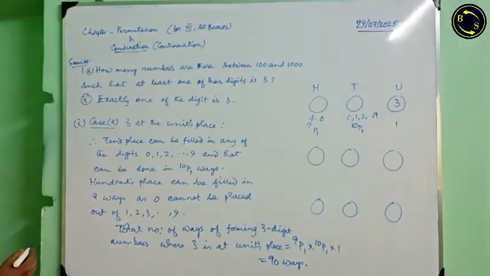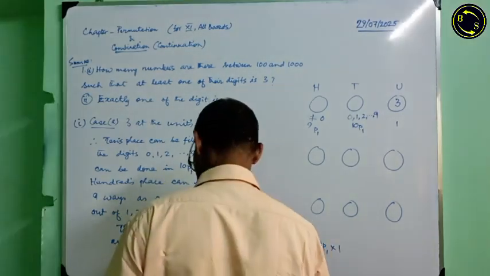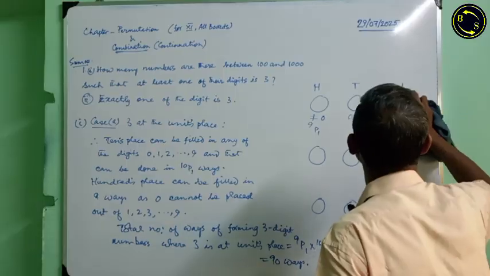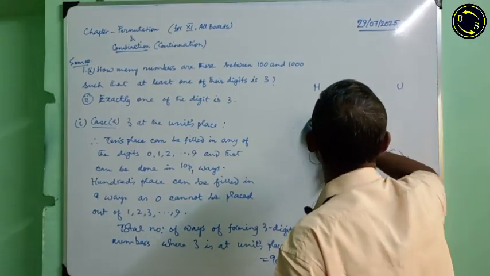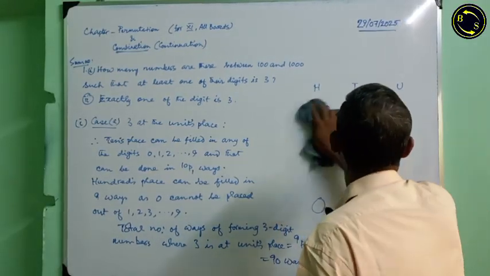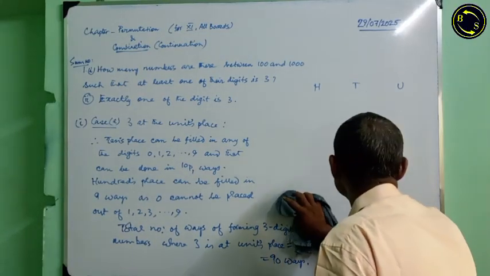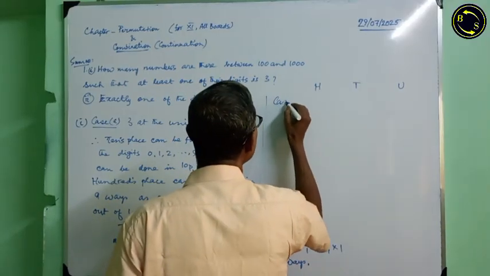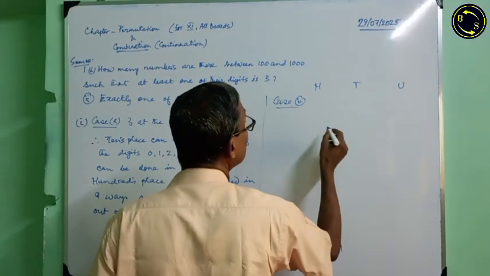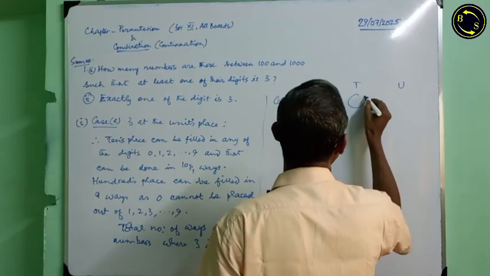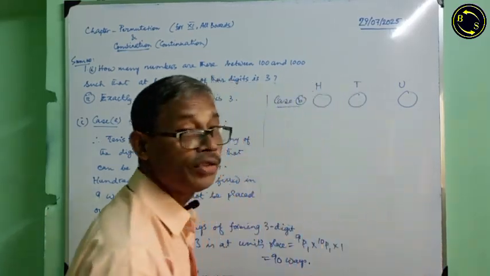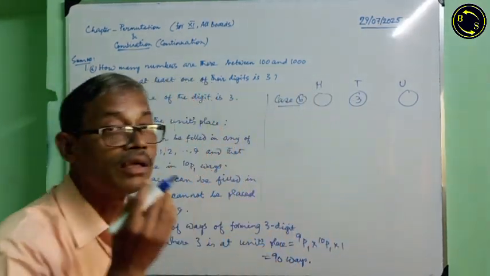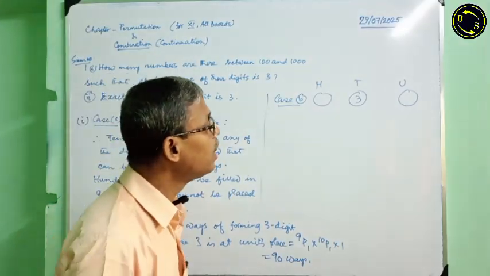Now, we consider case B. I write this one. Case B. Three is placed in the tens place. Now let us discuss.